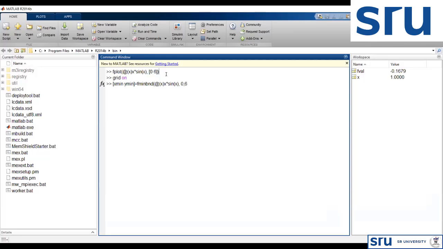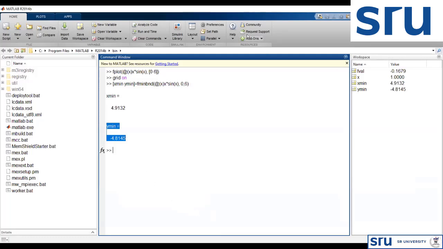The limit is given. Is there any error? You can identify. No, sir. So I will hit enter, then it will give the minimum value of x and minimum value of y.